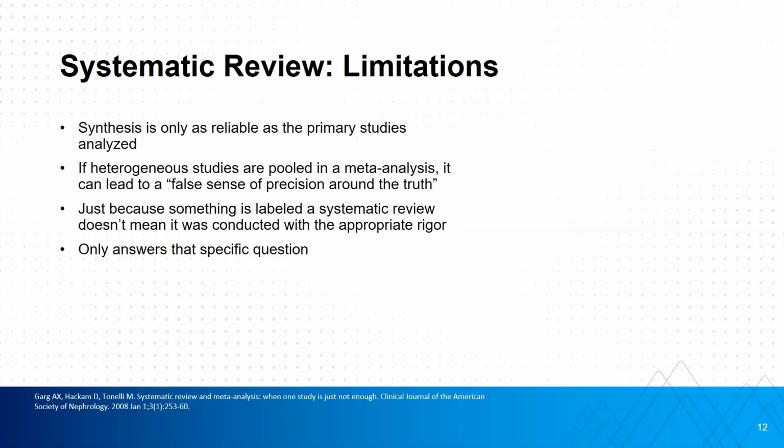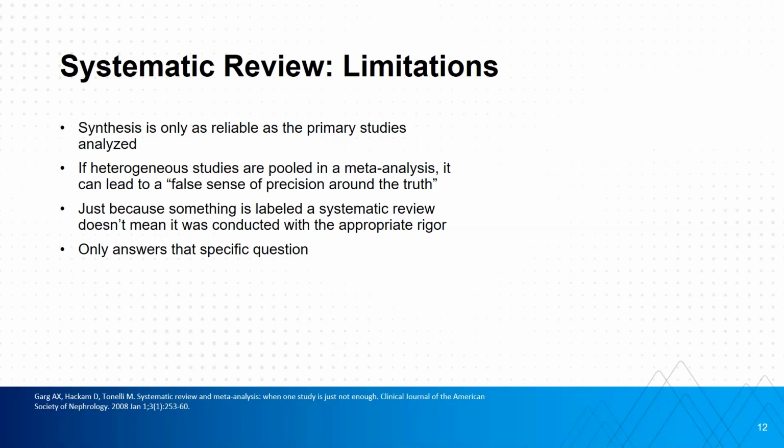Even though this is a lot more involved than a literature review, there are still limitations to the systematic review type. The synthesis here is only as reliable as the primary studies you're analyzing. So if you end up with a whole lot of low quality primary studies, the conclusion that you reach might not be as definitive.